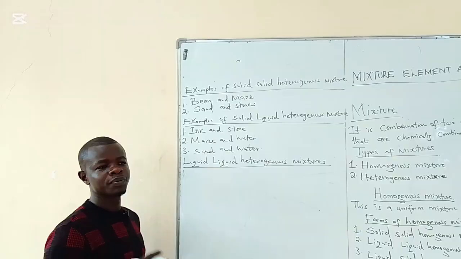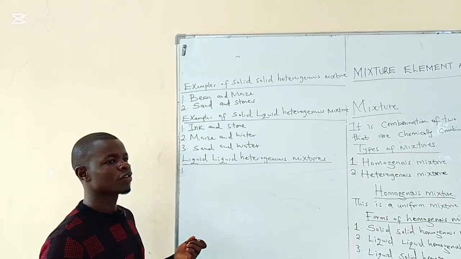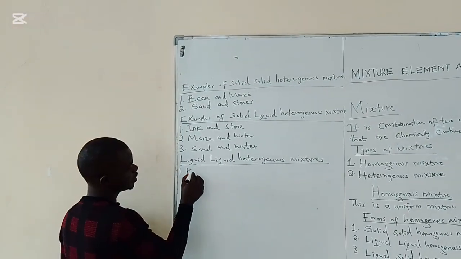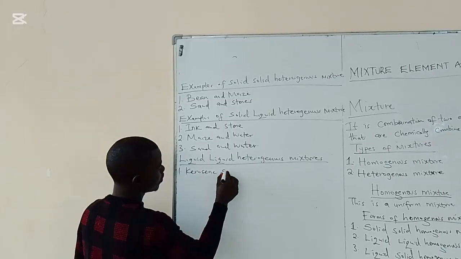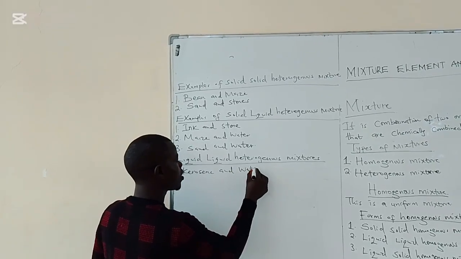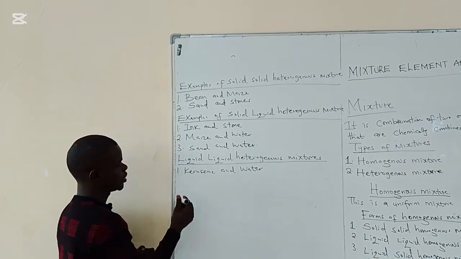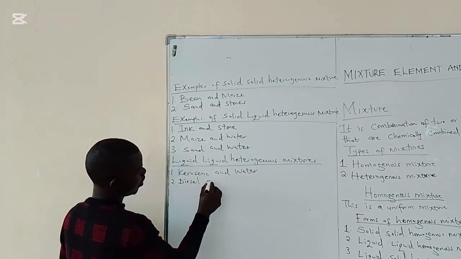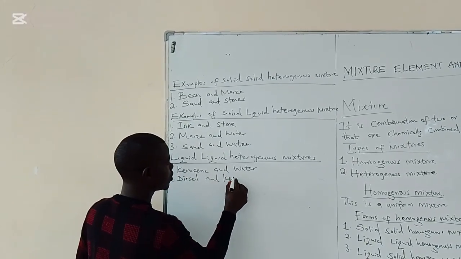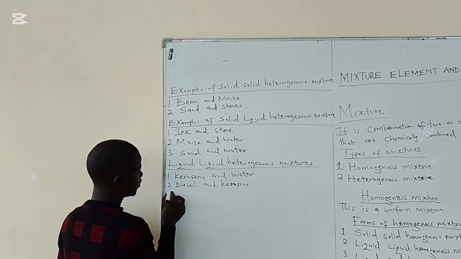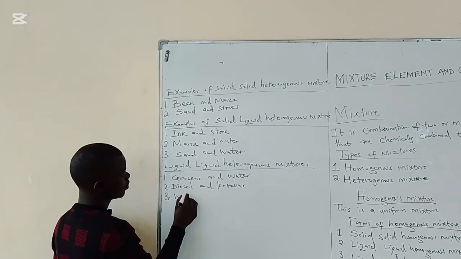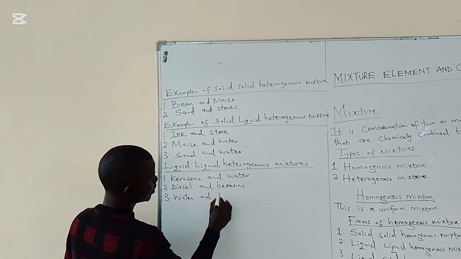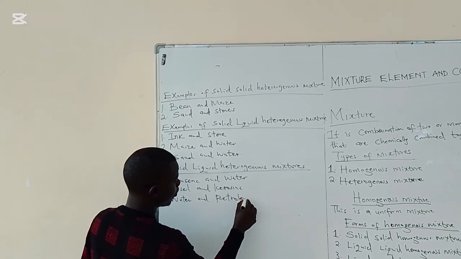We can talk of ink and kerosene. We can talk of several of them. So one can say kerosene and water. Here they form 2 layers. Number 2, diesel and kerosene. Number 3, water and petroleum.